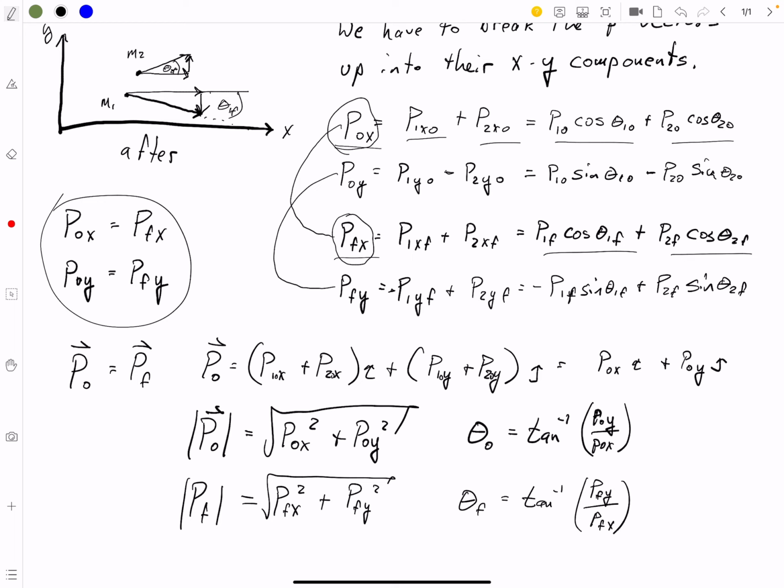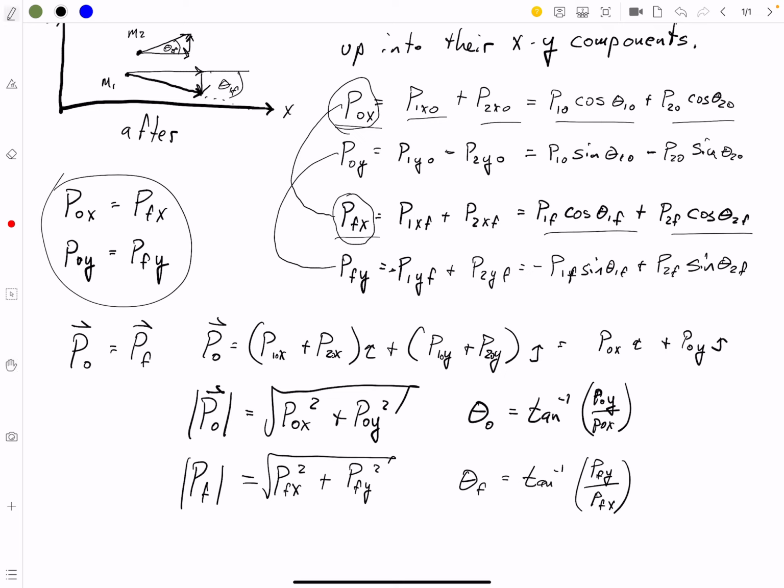Okay, so it's the P naught that is conserved with the P final, and it's the overall. All right, so this is conserved.